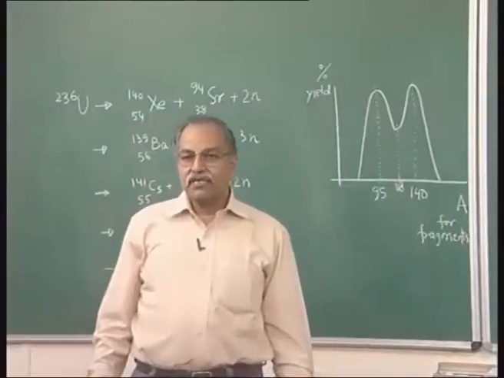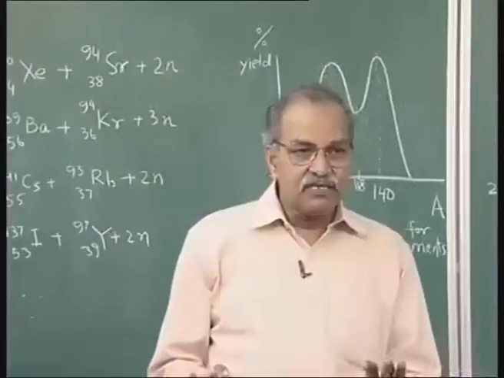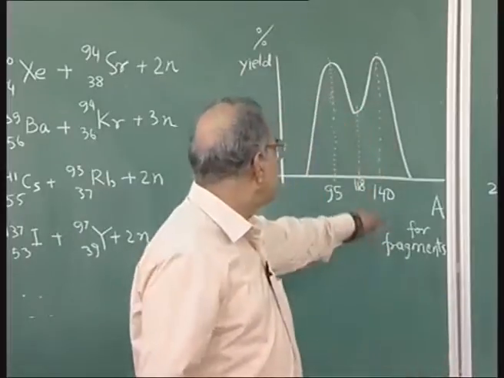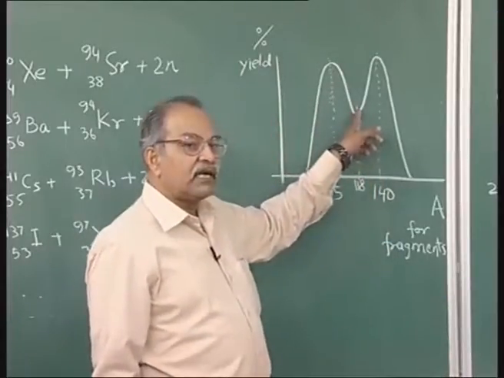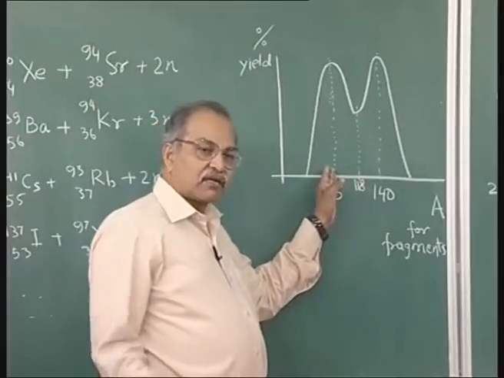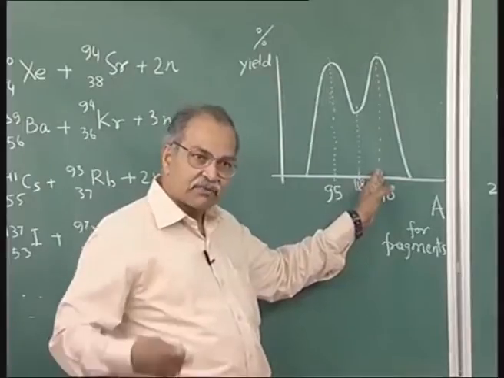So, the nucleus splitting up in two exactly equal masses, that probability is lower, and one fragment with mass number around 95 and another around 140, that is the maximum probability.